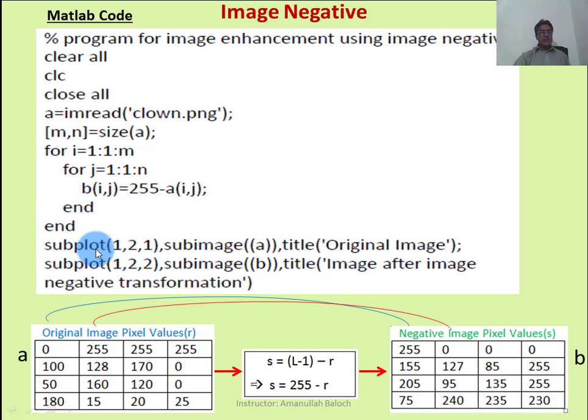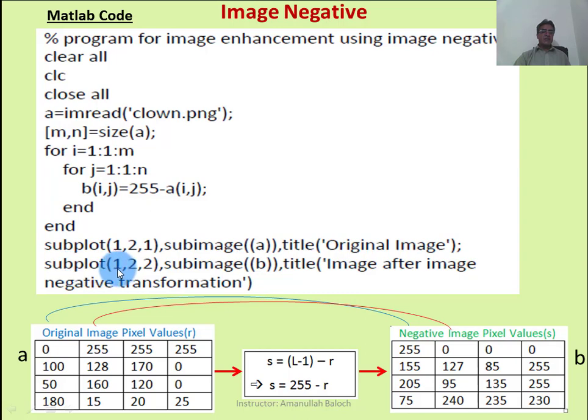And this is the subplot command. 1, 2 means a 1 row 2 column grid of subplots will be displayed, and in the first location of that grid we will display the original image, sub image A, title original image.